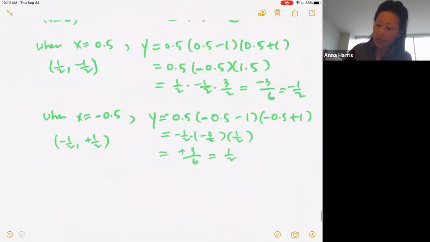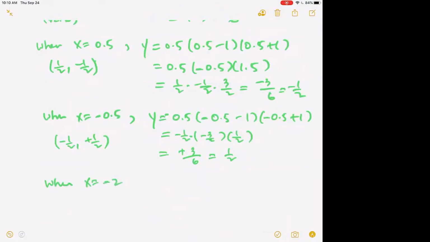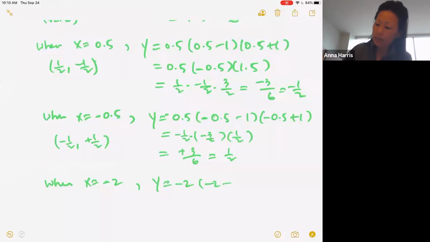Negative 2. Let's try the negative 2. When x equal to negative 2, y equal to negative 2 times (negative 2 minus 1) times (negative 2 plus 1), negative 2 times negative 3 times negative 1, which gives me negative 6.